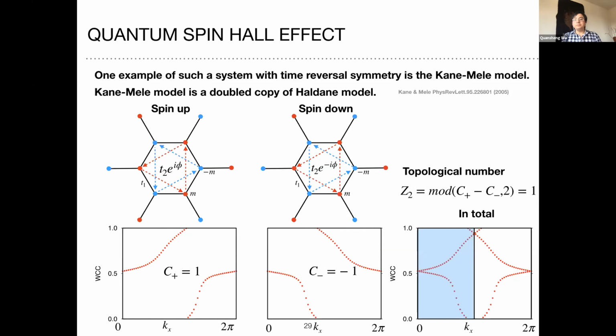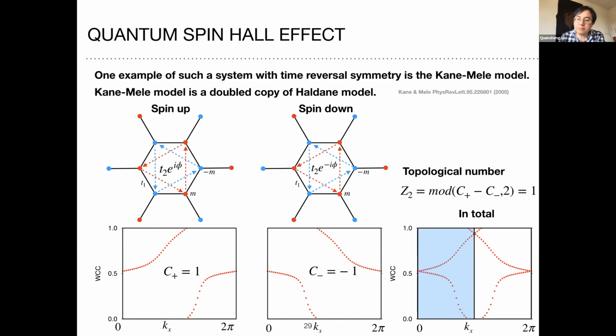So in this case, we can define a topological number. This is called the Z2 number. And in this case, we only need to study half of this path, because this part is just the image of this part.